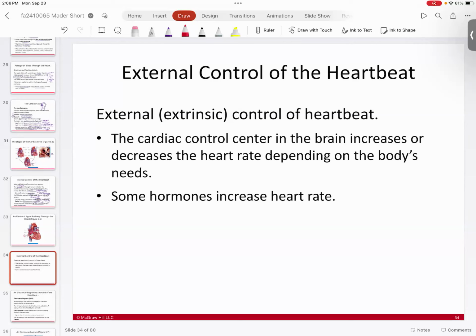SA node is fast, so it sends that message out to the AV node very quickly, right? And also to the atrial cells very quickly. So the atrial cells have the contraction message in their ears. They're ready to contract. They're starting to contract. But what happens is the AV node processes a signal a little bit slower. So while it's kind of handling the message, the atrial cells are already contracting.